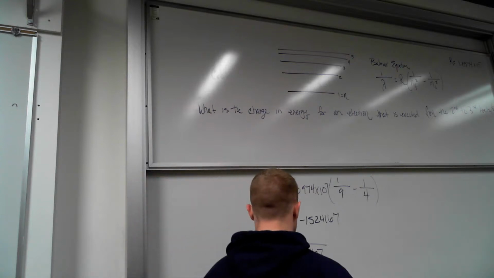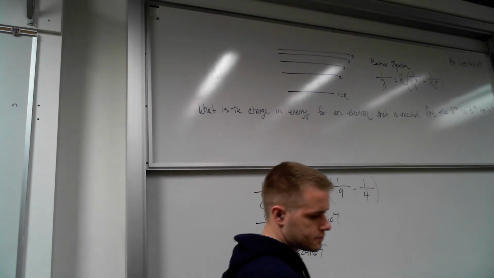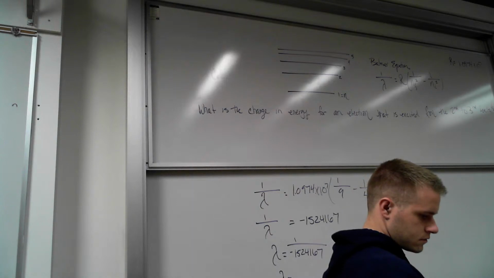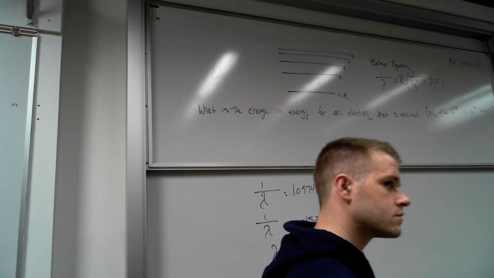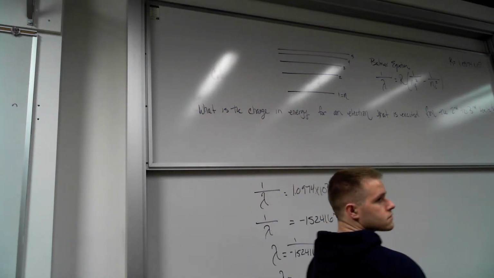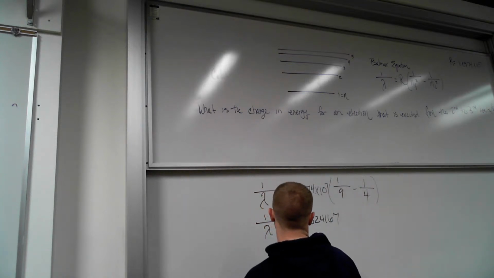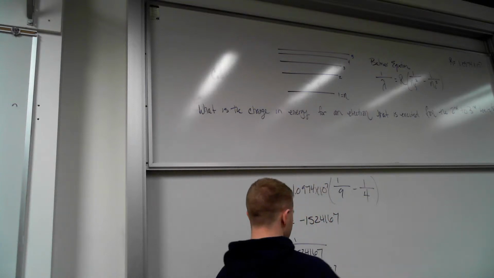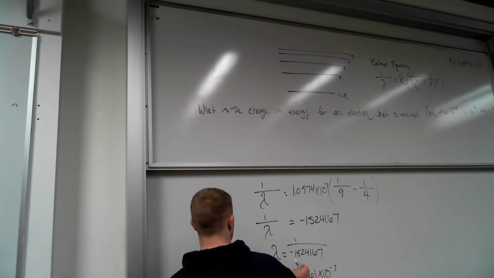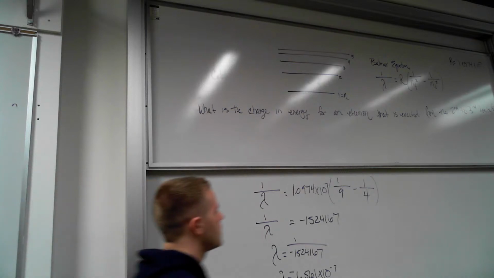What did you get? 6.561 e to the negative 7. There's more. Probably negative, right? Yeah. So negative 6.561 times 10 to the negative 7.